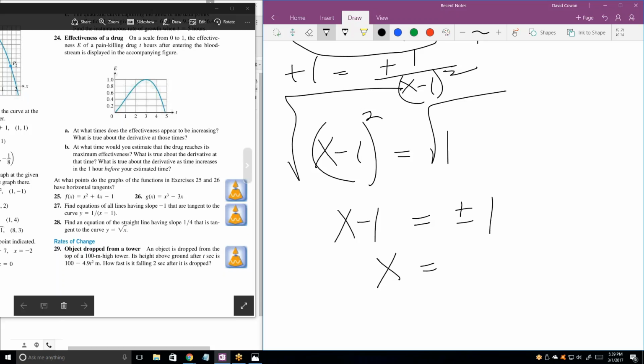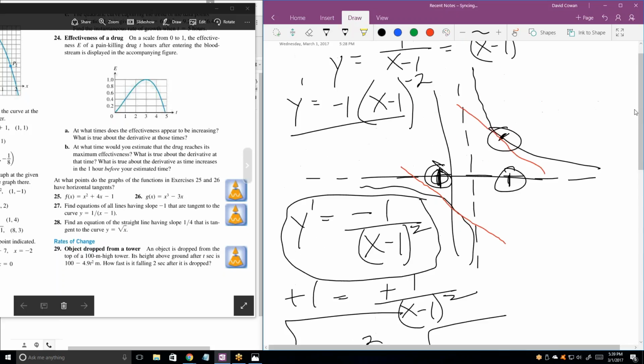So I'd add 1. So then it'll be x equals either 2 or 0. Correct. And that's where those 2 points are. In other words, this point here is 2, and this point here is at 0. And on that graph, that's where you would find the slope of the tangent line would be minus 1.